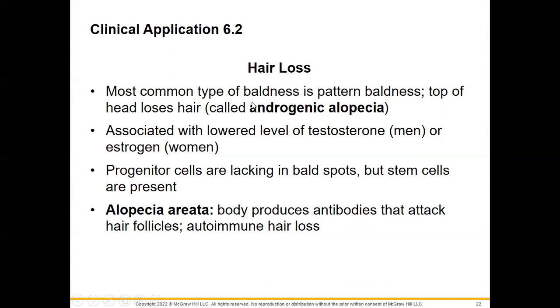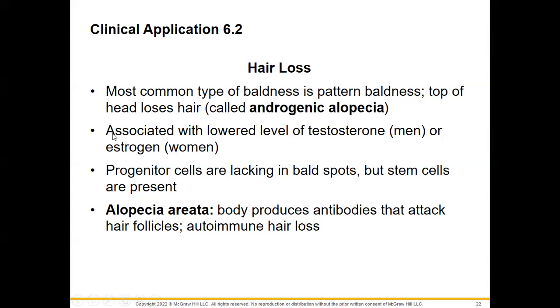An androgen is a male sex hormone. It refers to male sex hormones. And in this case, we're talking about, of course, testosterone and all of the other male sex hormones associated with it. Even though we commonly only talk about testosterone, there are more than one.